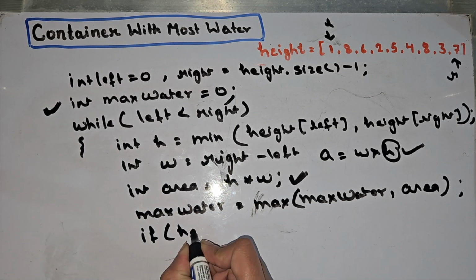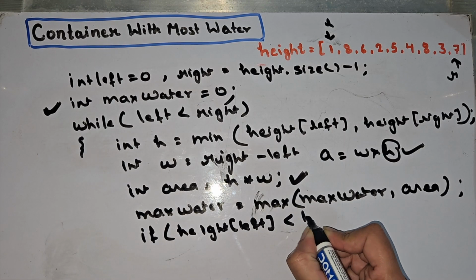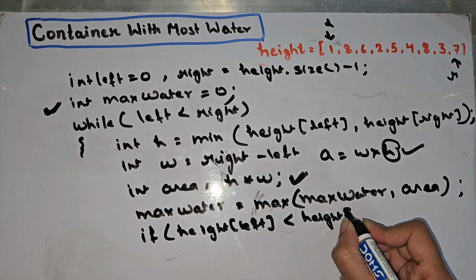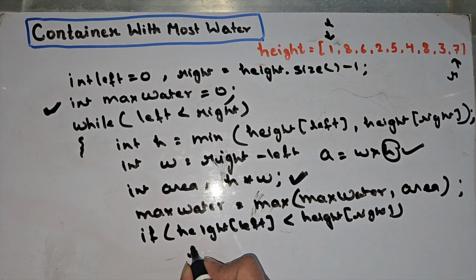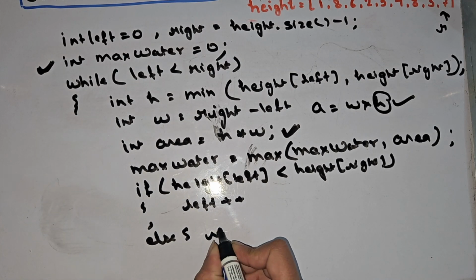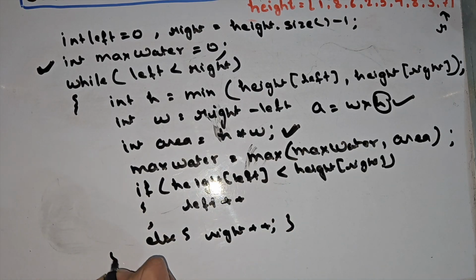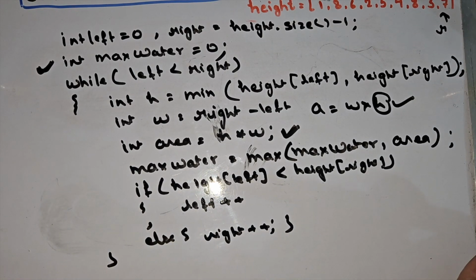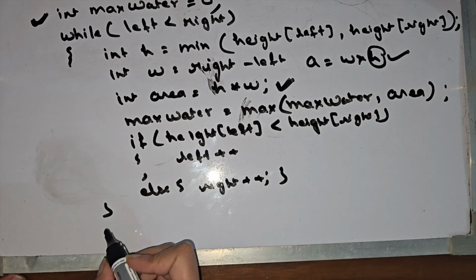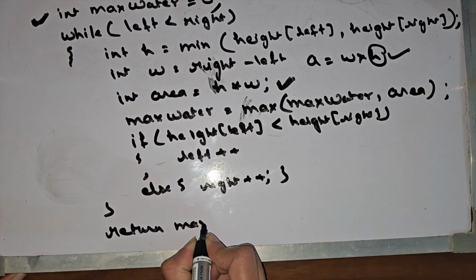So we will compare: if left is smaller than the right pointed element, in that case we will do left plus plus, else we will do right minus minus. After this loop, we will have our answer in max water. So we will return max water.